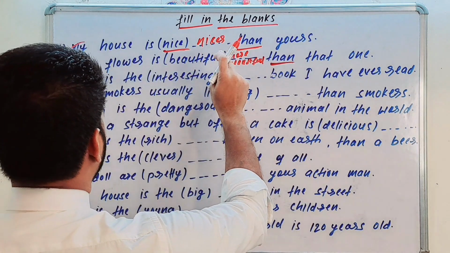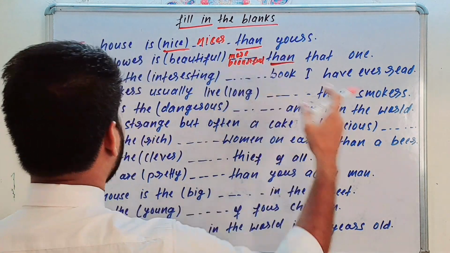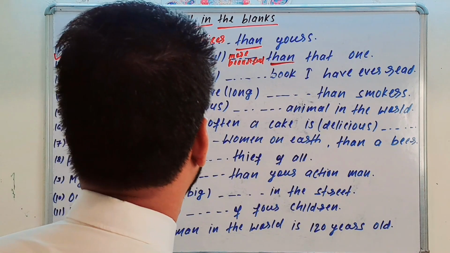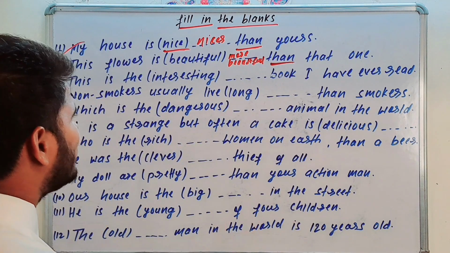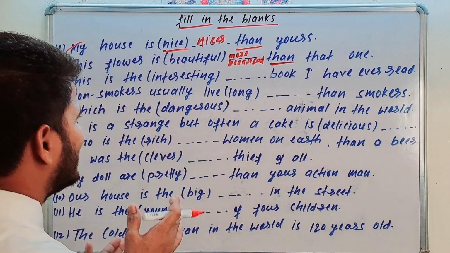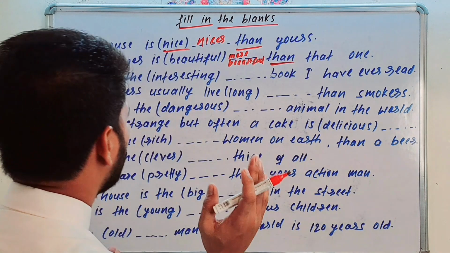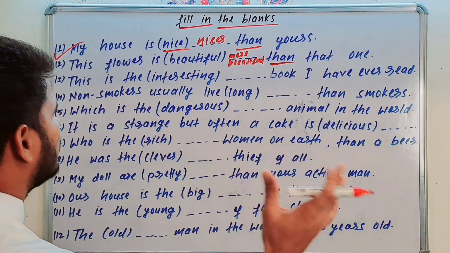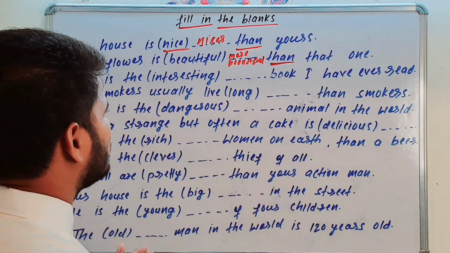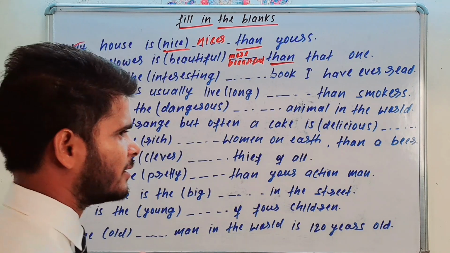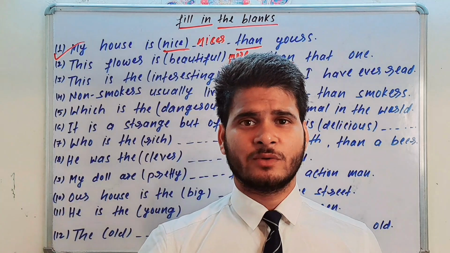I have discussed that in a previous video; go and watch it to learn why. We convert the adjective beautiful to the comparative degree by adding more.